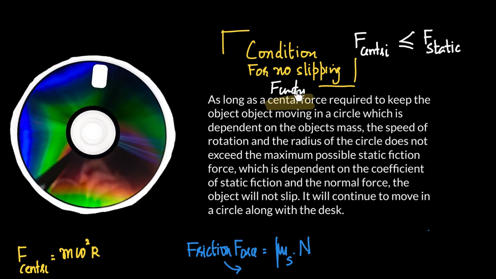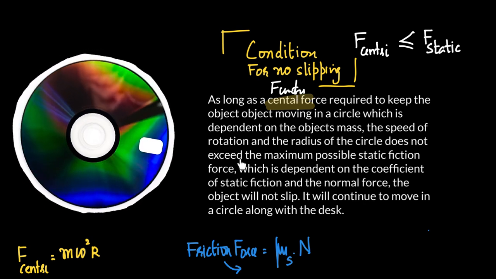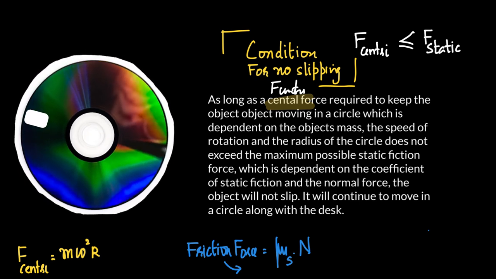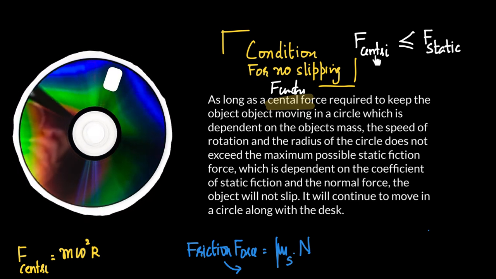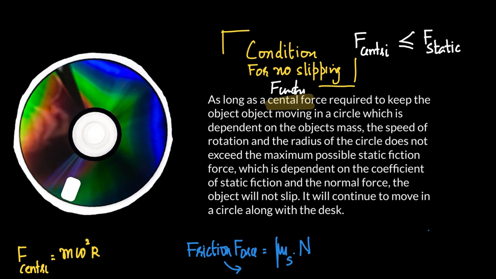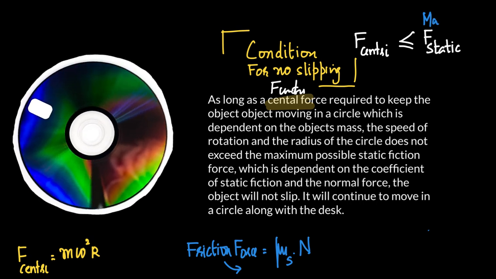As long as this centripetal force does not exceed the maximum possible static friction. What does that mean? It means that as long as F centripetal is less than or equal to F static. Now, not just F static, the maximum value of F static.